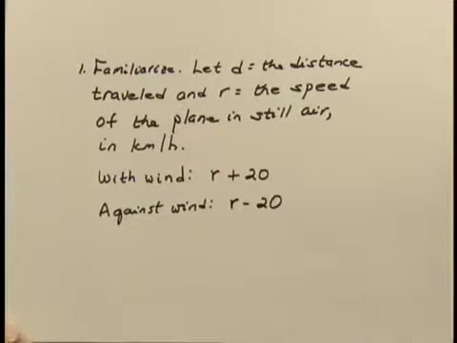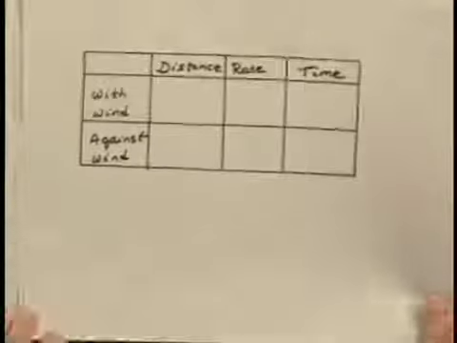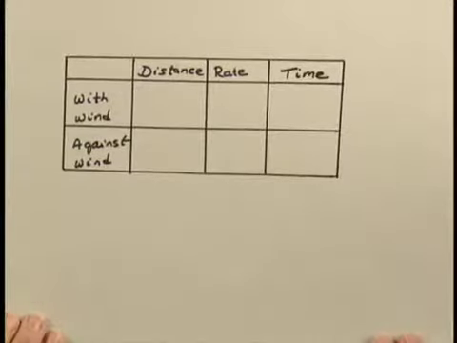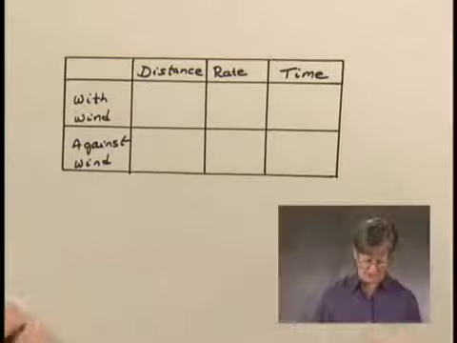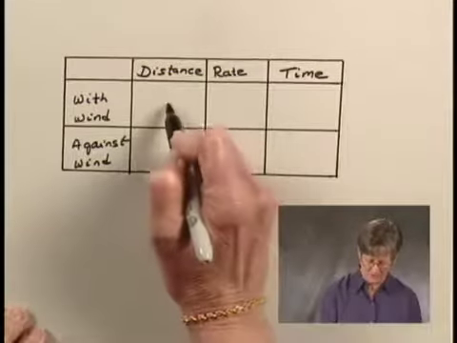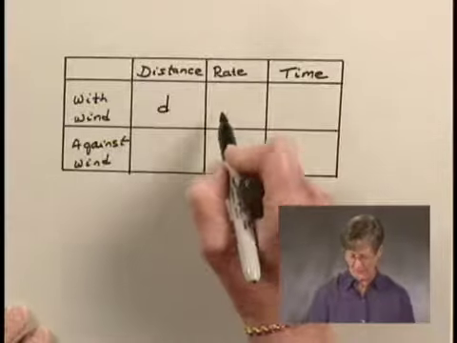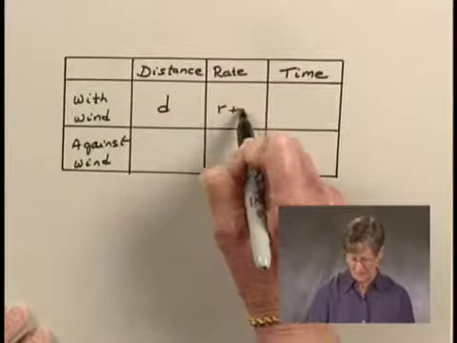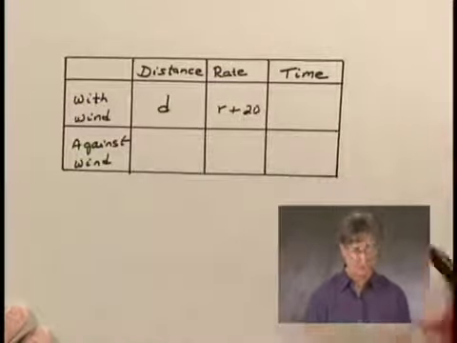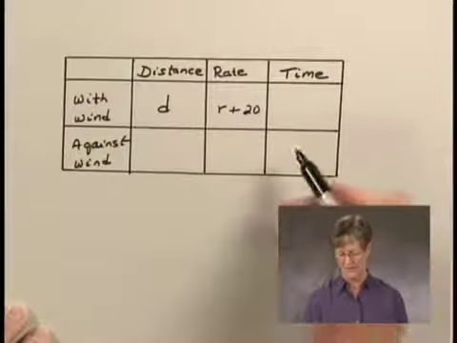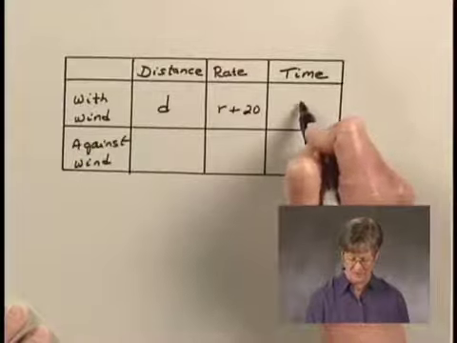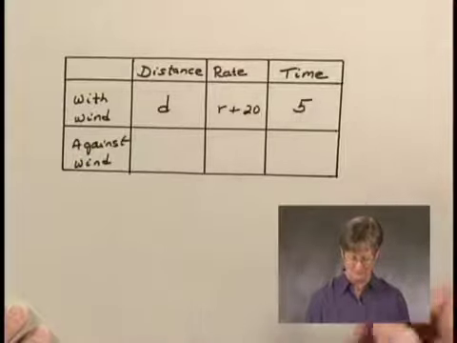Now let's take this information and organize it in a table along with what we're trying to find. We are told that when the plane travels with the wind, it goes a certain distance, and we've decided to call this d. And with the wind, its speed is r plus 20. The time that it travels this distance d with the wind is 5 hours, so we'll put 5 in the time column.